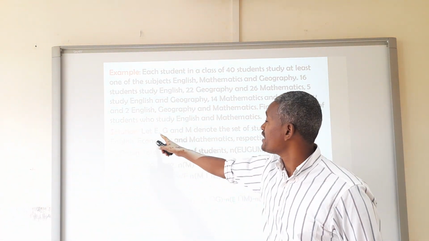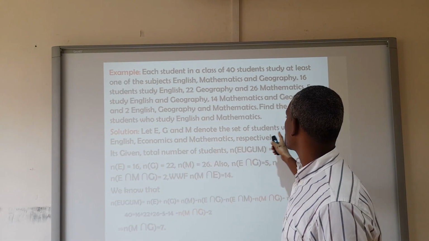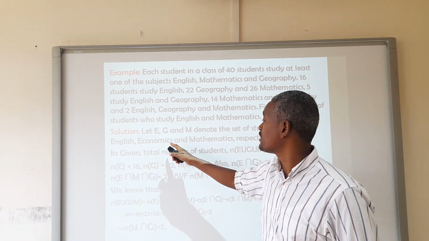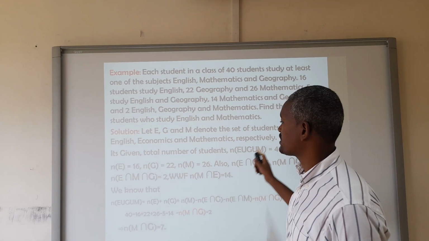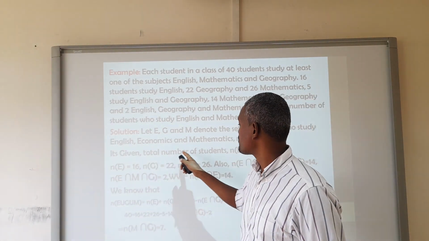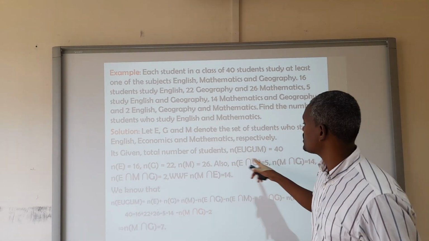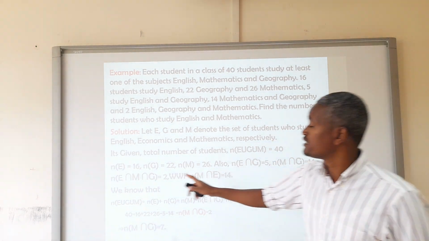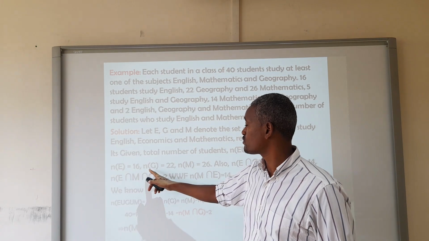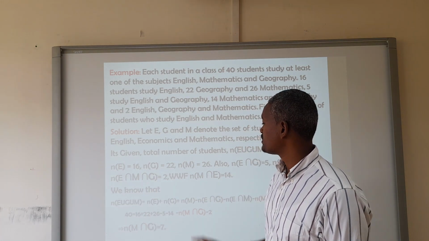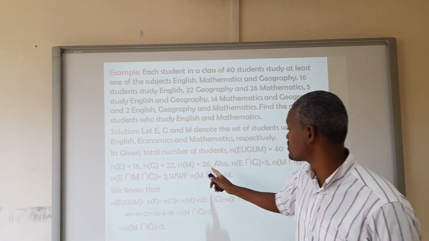So let A, G, and M denote the sets of students who study English, geography and mathematics, respectively. It's given that the total number of students is 40. The number of students who study English is 60. The number who learn geography is 22. The number who learn mathematics is 26.